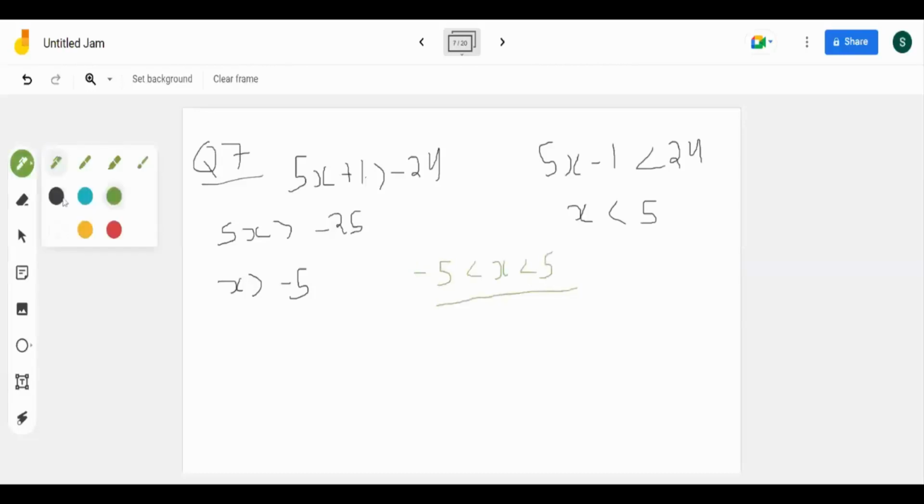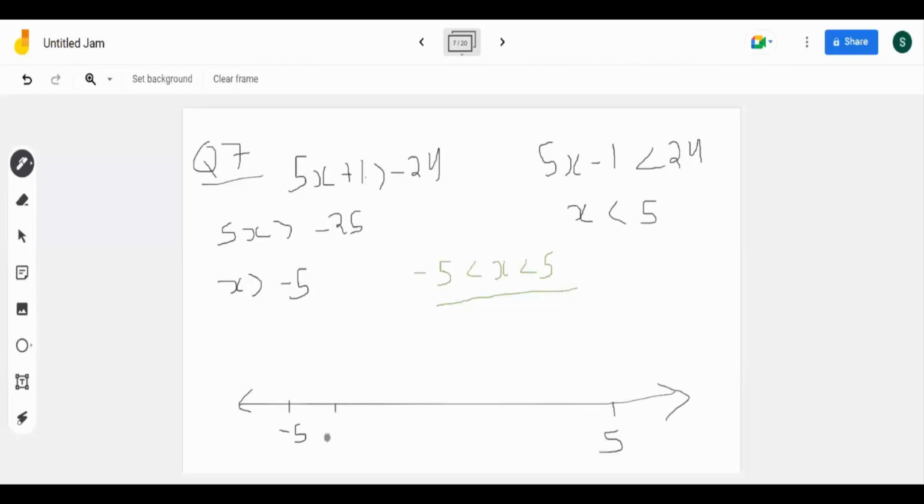Now let us represent it on a number line. We will draw a number line. Here we will write minus 5. Here we will write 5. This is our answer. Okay, just mark the other points: minus 4, minus 3, and so on, 0, 1, 2, 3, 4.